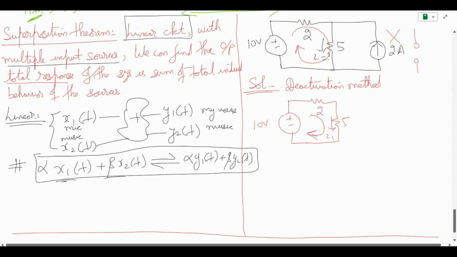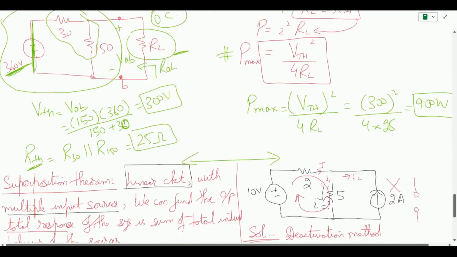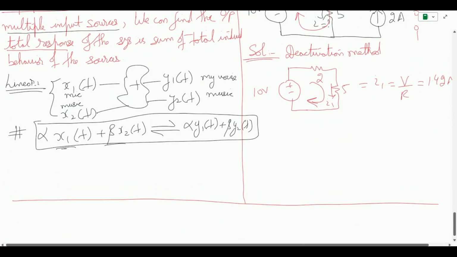Why am I taking I1? Because the current I which we need to find is getting distributed in two regions. So this I was coming here, going as I1, and let us say this is I2. I'm taking the first loop to figure out individually what the behavior is. I1 comes out to be V by R, which is 1.42 amps. So I have figured out the value of the first current.